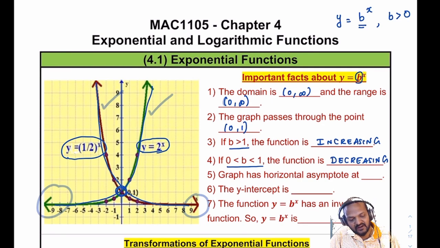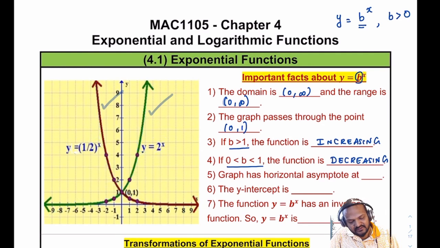The graph has a horizontal asymptote, as I told you earlier. Although it doesn't look very clear here, the function never touches the x-axis but is always approaching it. So the horizontal asymptote is at y equals 0, or otherwise you can say the x-axis.